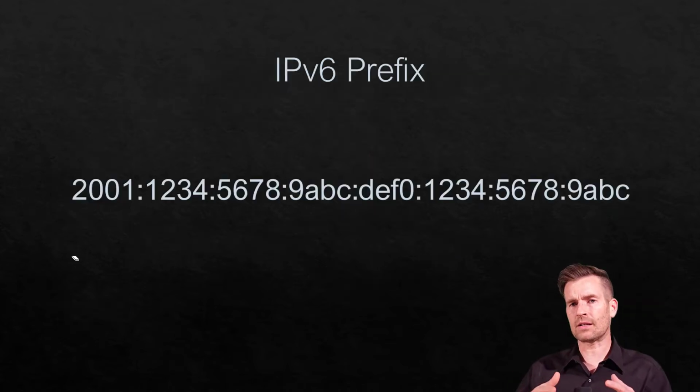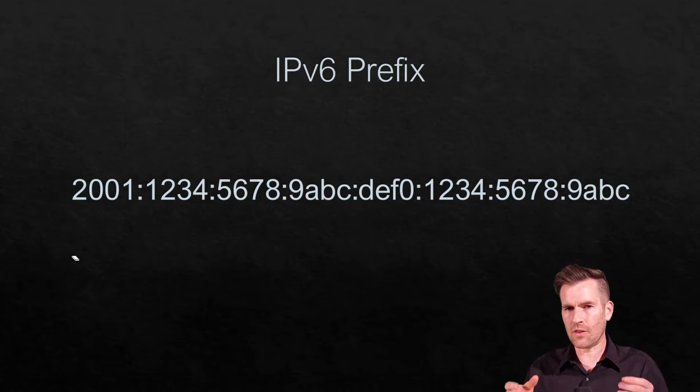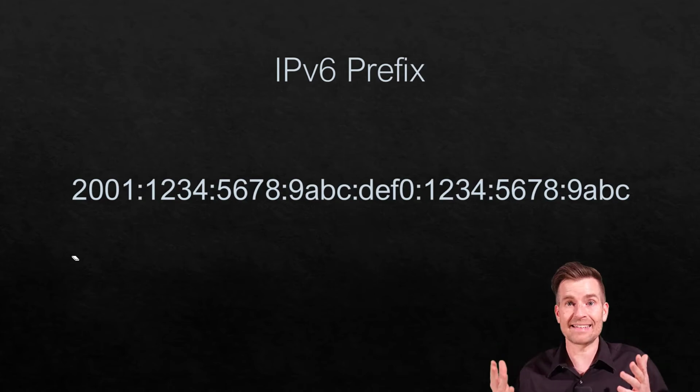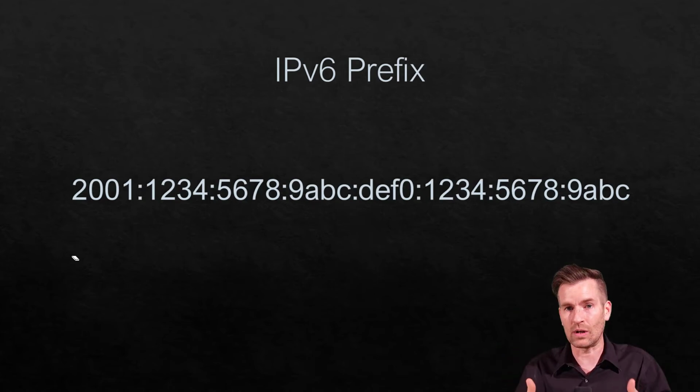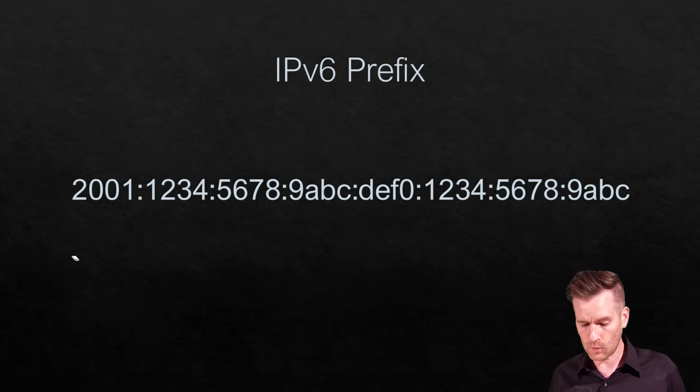For your machine to communicate to the rest of the world using IPv6, it's going to need a global unicast address. Although some of that global unicast address is going to be generated by the machine on your network, some of it must come from an entity outside, something that is going to assign this to you. So let's take a look at what that really looks like.